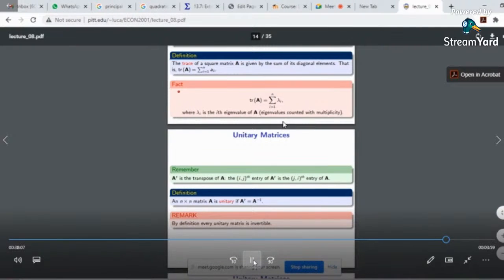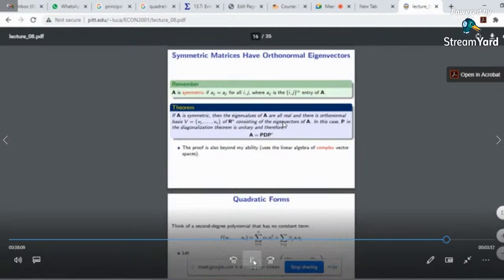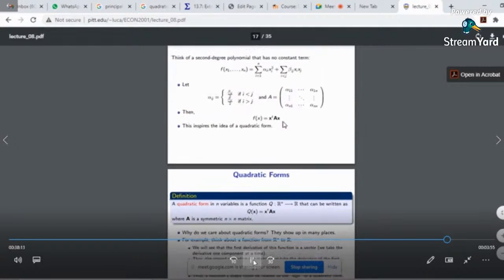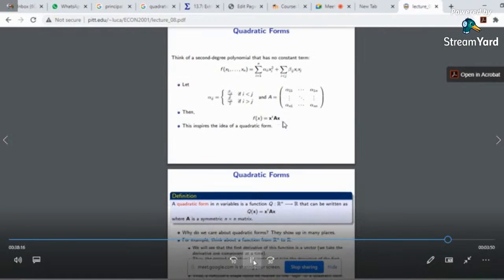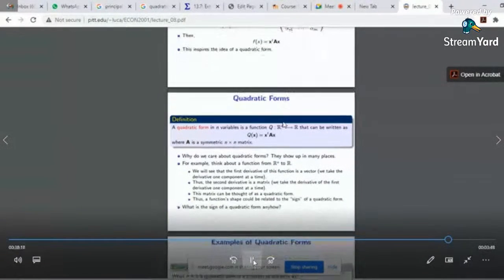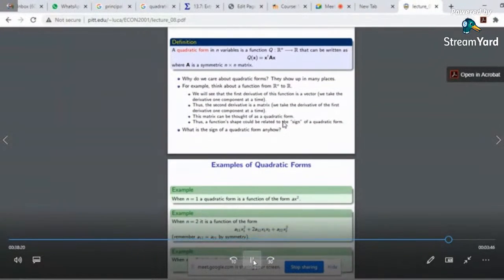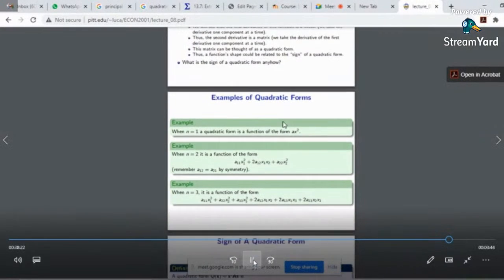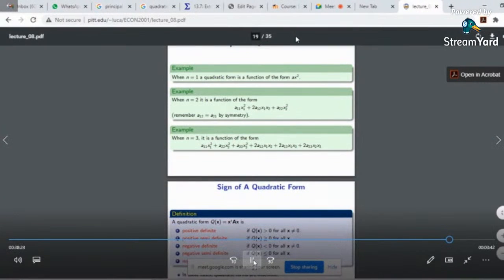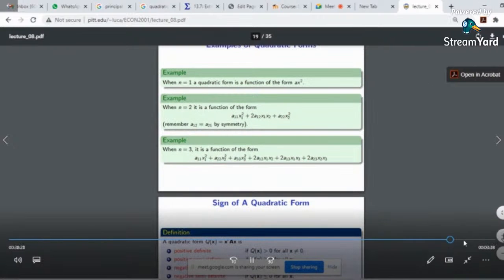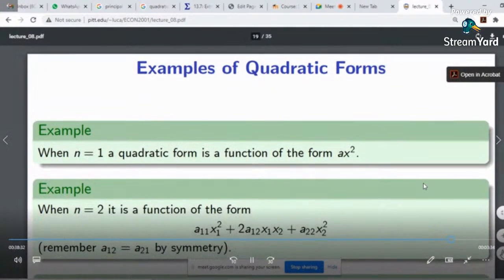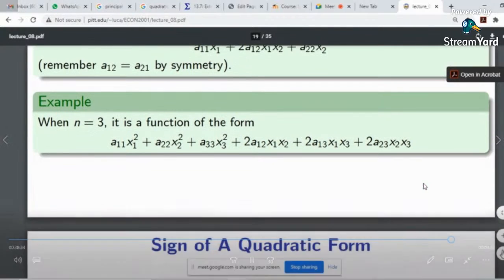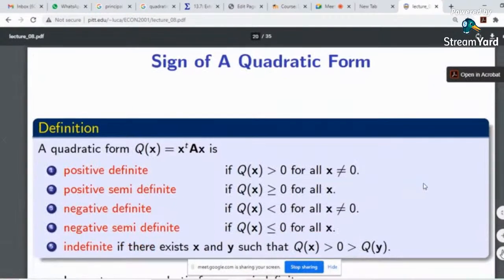Discuss the principal component, unitary matrix, quadratic form. This is quadratic form, general form. We have seen the example. This is the general form. Example of quadratic form. You can see some examples of quadratic form here.